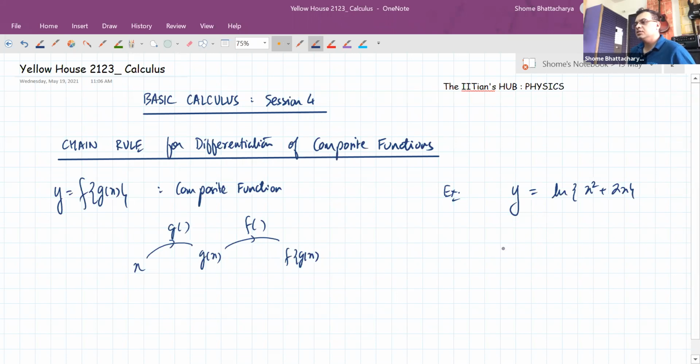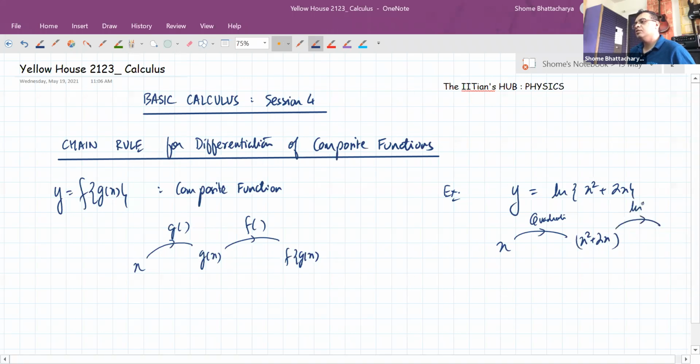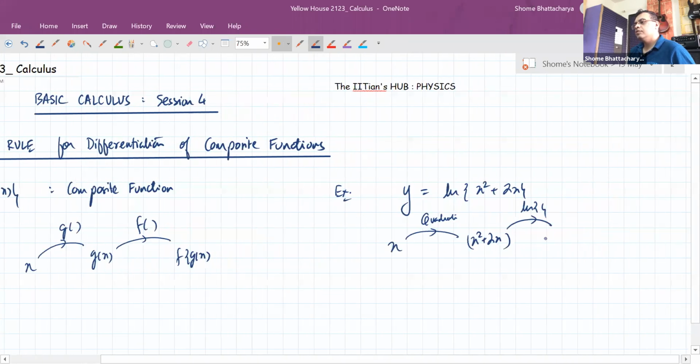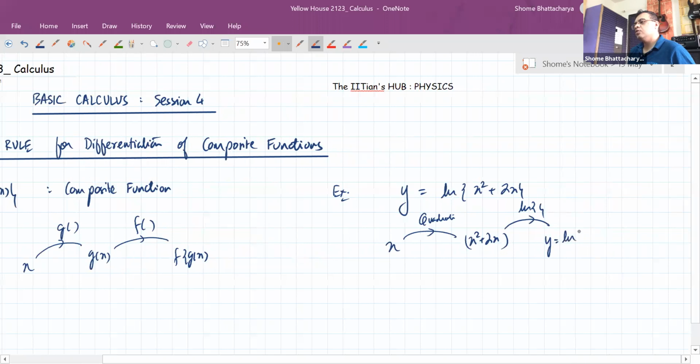So for example, in this case, from x we have to operate this quadratic function x square plus 2x, and on that we have to operate the natural log function to get finally y as natural log of x square plus 2x.